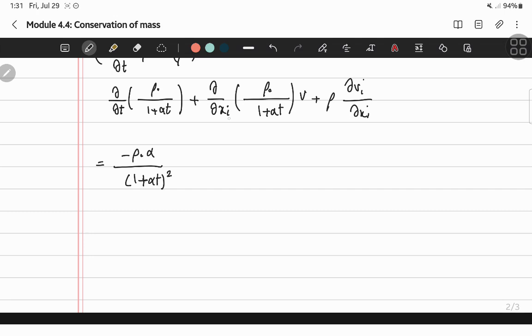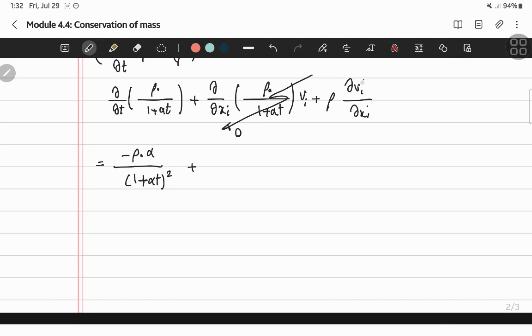Then the next term is 0 because we have no expression for rho that can be differentiated with x1, x2, or x3.